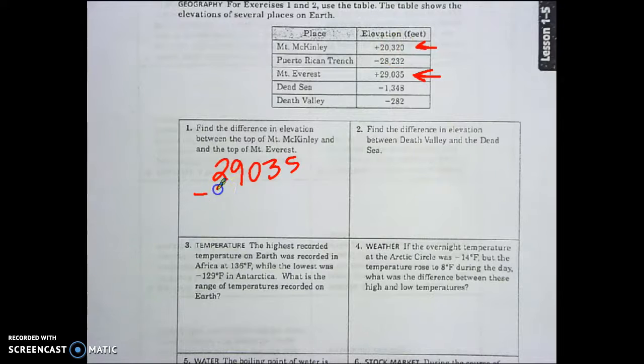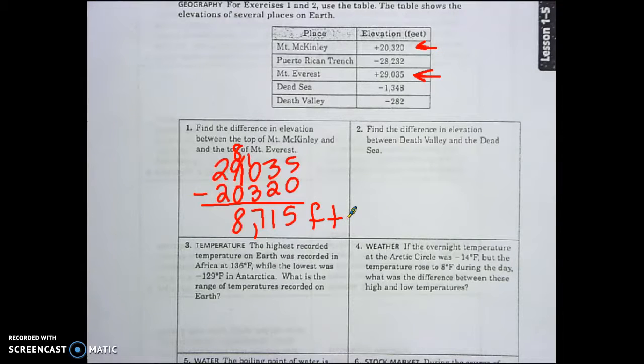Mount McKinley is 20,320. And we subtract. 5 minus 0 is 5. 3 minus 2 is 1. We have to regroup. 10 minus 3 is 7. 8 minus 0 is 8. 8,715 feet.